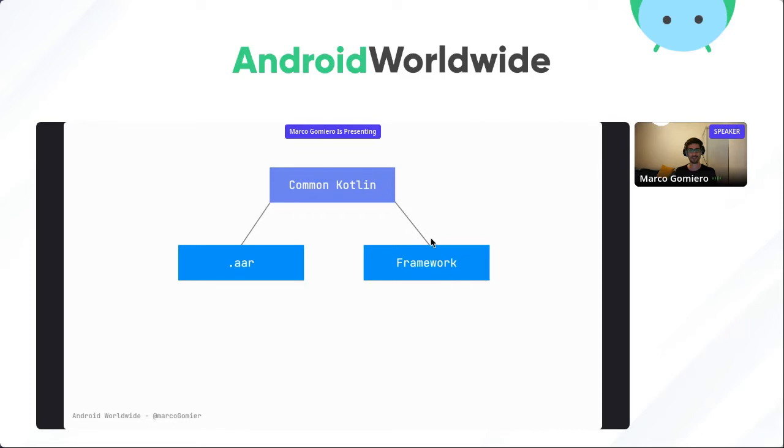So in this case, since we are in different repositories, we need to publish these libraries in the cloud or somewhere else, your internal network, USB key. No, don't do it, please.